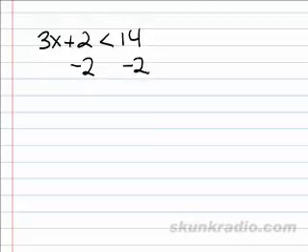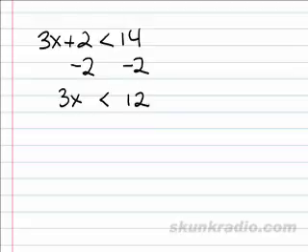So in this case, I'm going to bring my 3x term straight down. We haven't done anything with that yet. And then the positive 2 minus 2 goes to 0, so that gets rid of that term on the left side. Then I can just write the less than symbol. And then finally, the positive 14 minus 2 is 12.